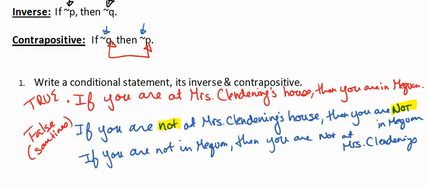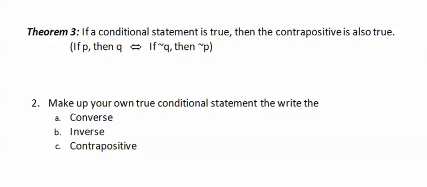Now if we read that statement one more time, if you are not in Mequon, then you are not at Mrs. Clendening's. This statement is true. Think about your conditional statements versus your inverse and your contrapositives. You should hopefully realize that if your conditional statement is true, then the contrapositive would be true.